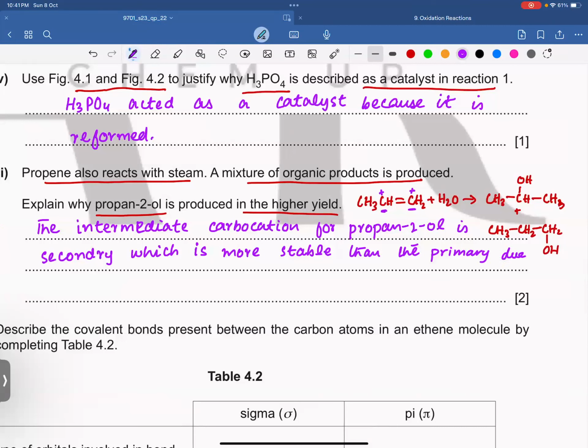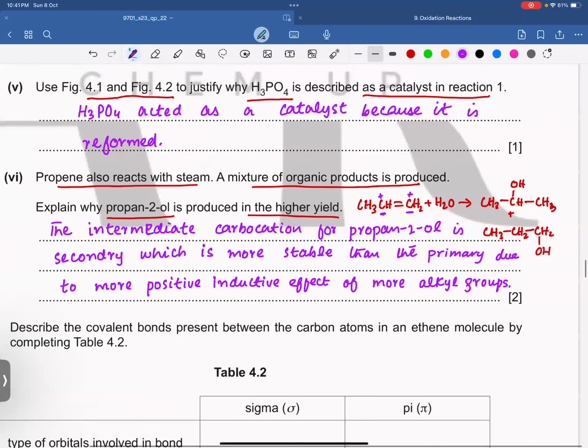It is more stable due to more positive inductive effect of more alkyl groups.